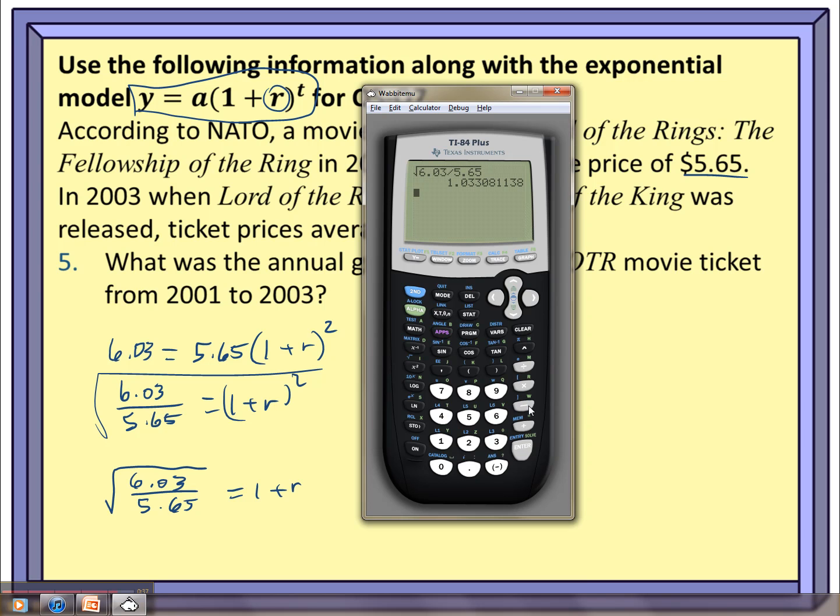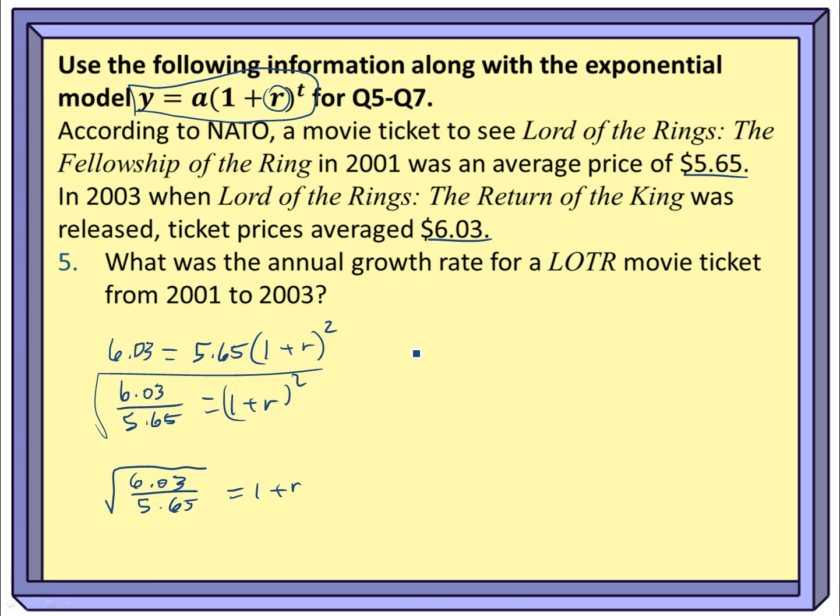And if I subtract 1, there's my growth rate. So I can see it's 0.03308-ish. R is equal to about 0.03308. If I wanted that in a percentage, I would just move over the decimal place 2 places, so 3.308%.